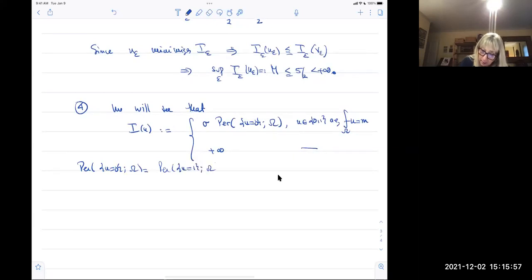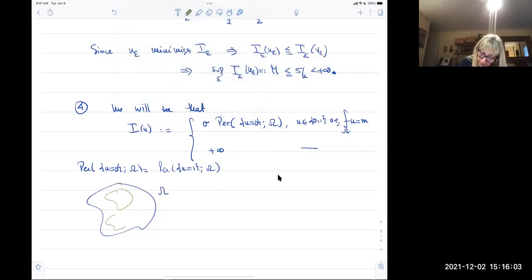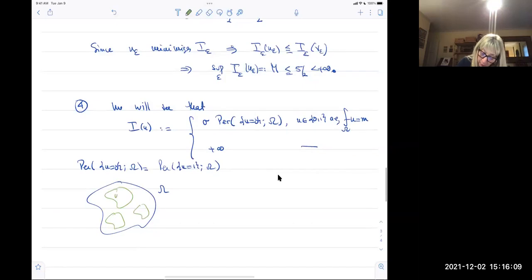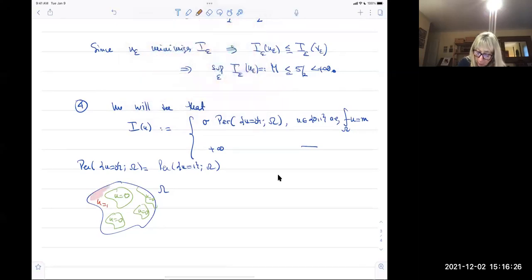And again, simple cartoon here is that if you take, say, if these are patches, I don't know if this was the same picture I had before, but it doesn't matter. But if I put u equal to, say, 0 here, u equal to 0 here, u equal to 0 there, and maybe there, and then I'm going to put u equal to 1 elsewhere, right? Then u equal to 1 will be here.